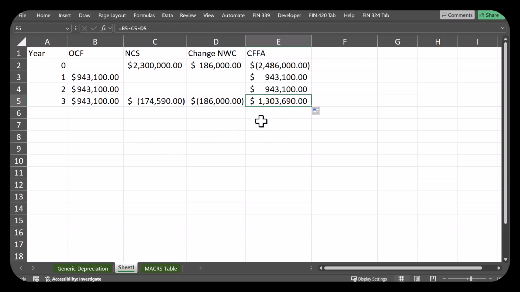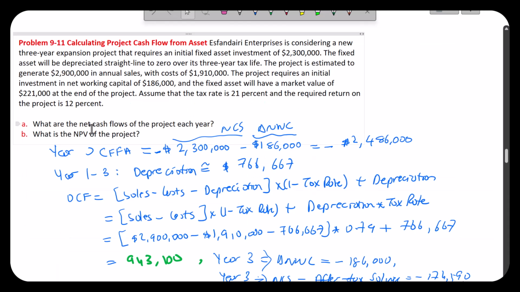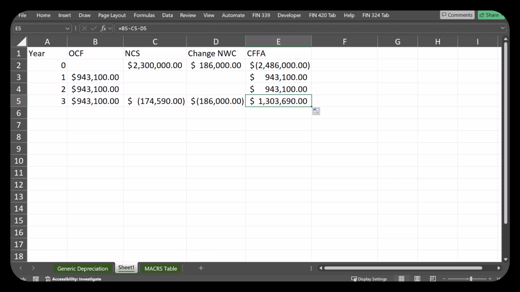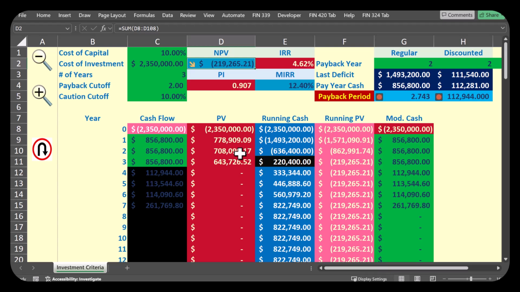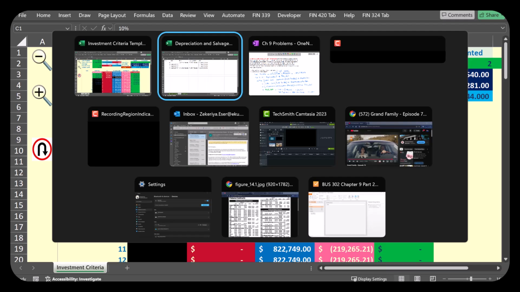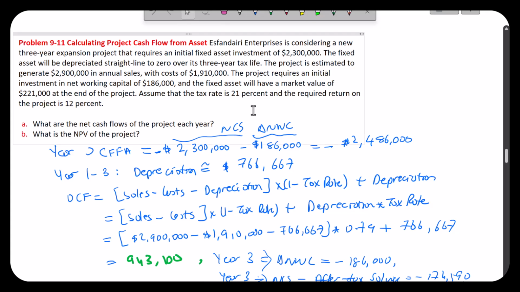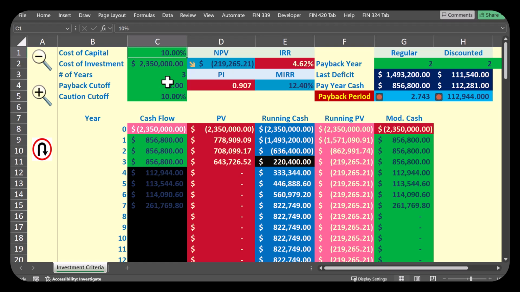And all we need to do is calculate the NPV, I think, yeah. And I'm going to switch to our template. Let's remember cost of capital, 486 is the cost of investment, 3 years.